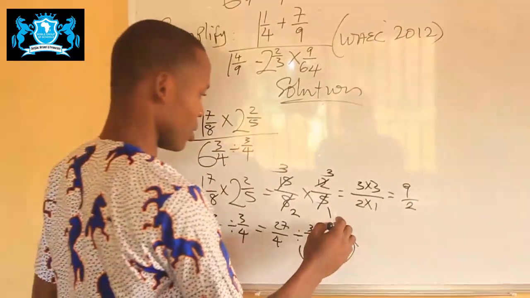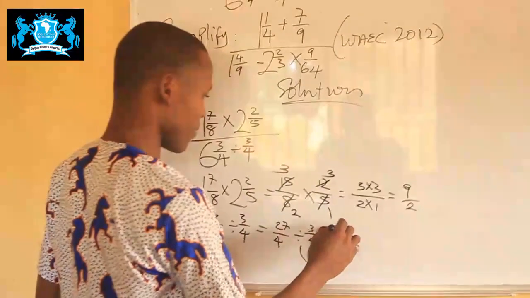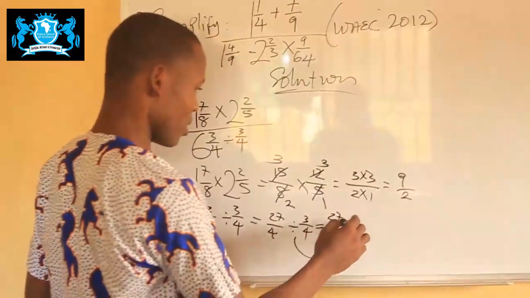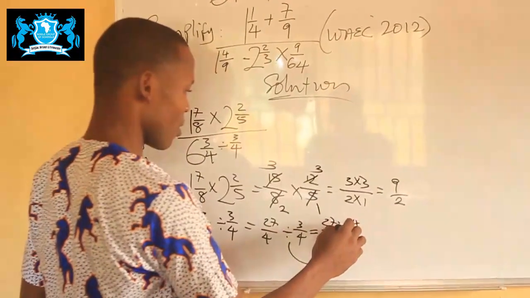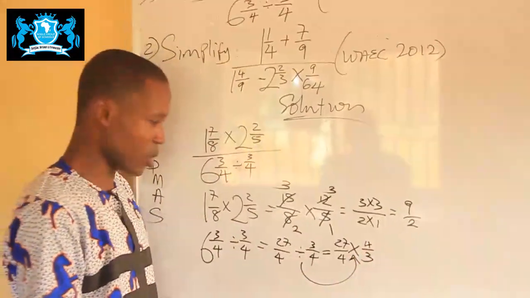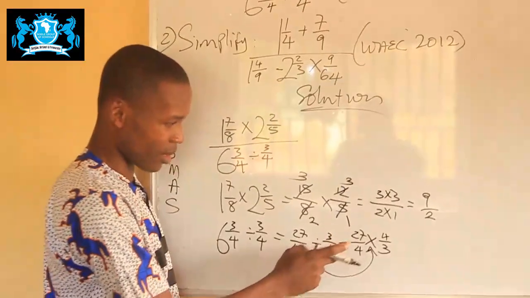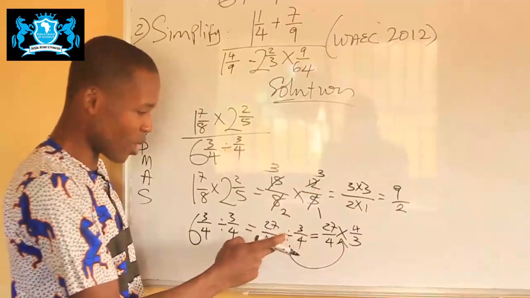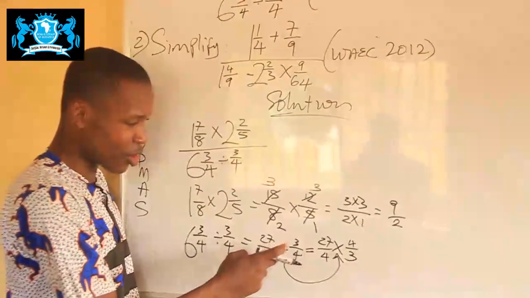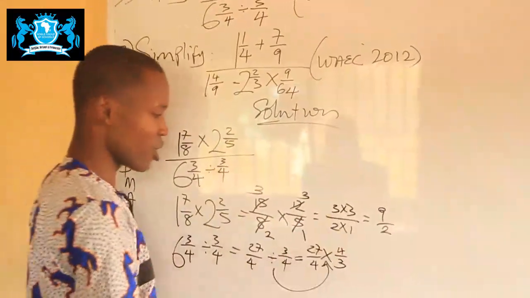So we have 27/4 multiplied by 4/3. Did you notice what we did here? 4 was down here, but it is now up. 3 was up, but it's now down. Why is it that way? Because we changed division to multiplication. So we just multiply out.